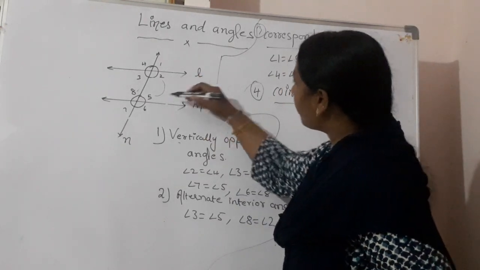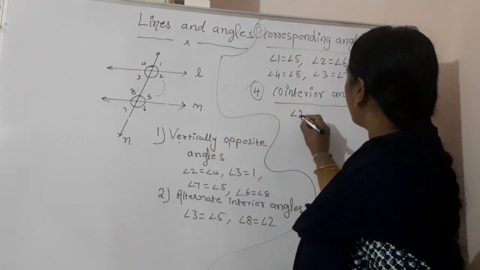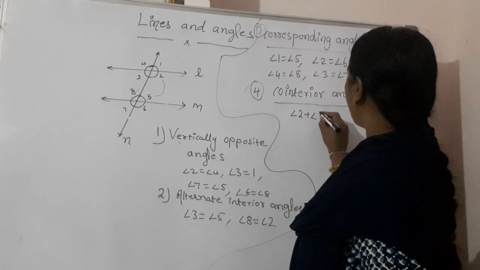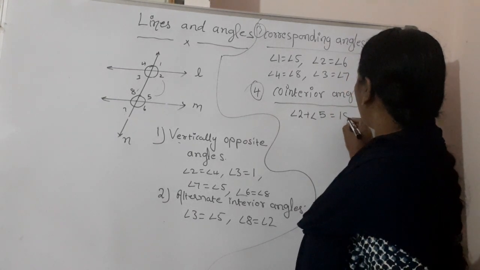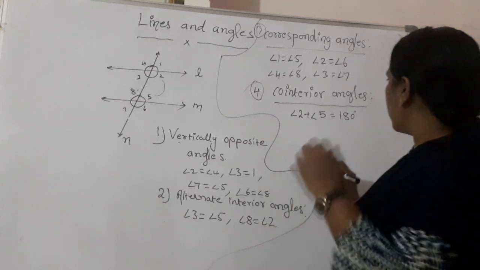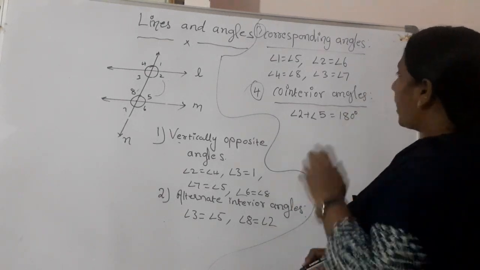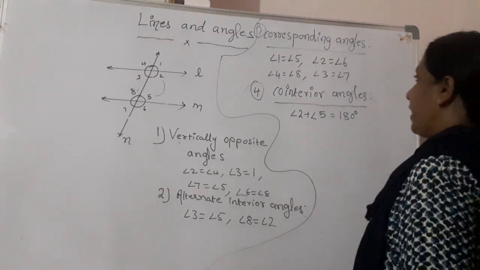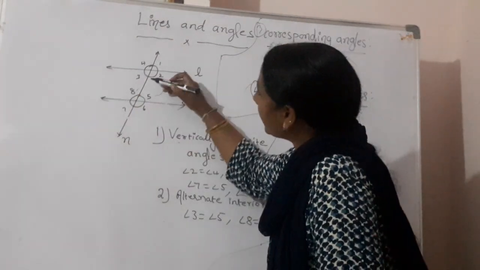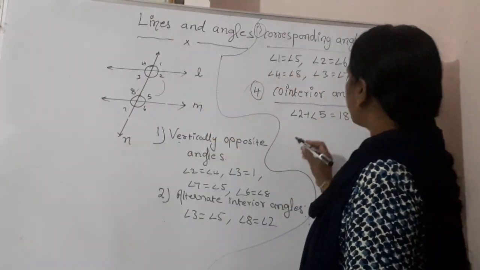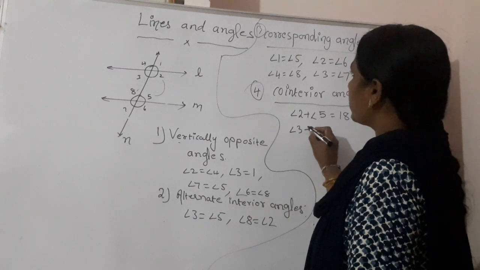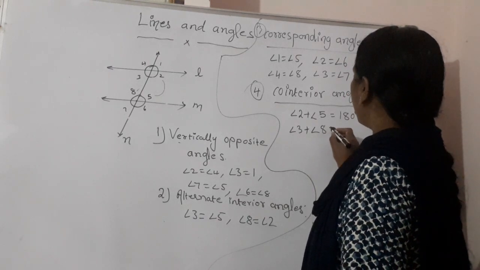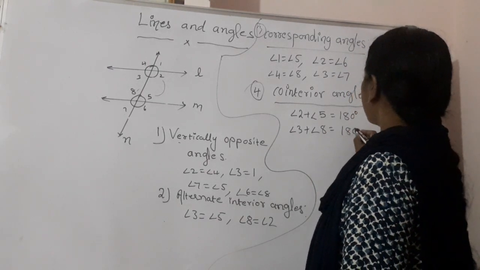Angle 2 plus angle 5 equals 180 degrees. Next, on that side, angle 3 plus angle 8 equals 180 degrees.